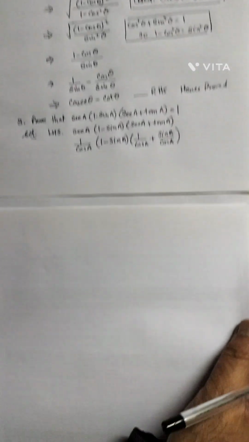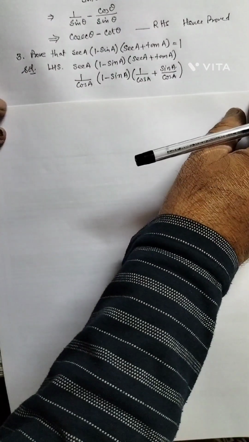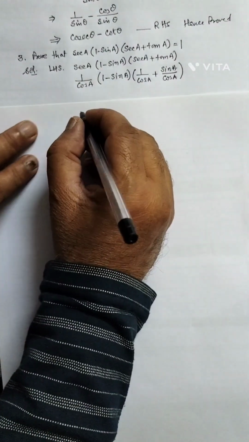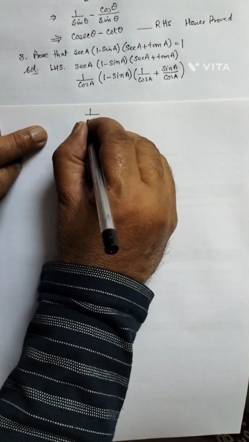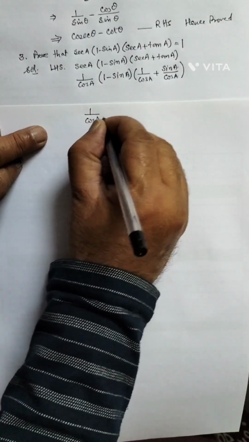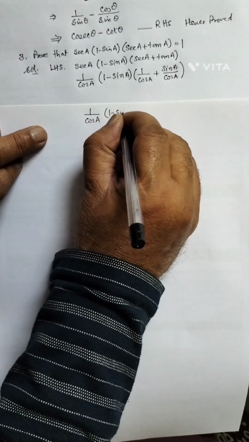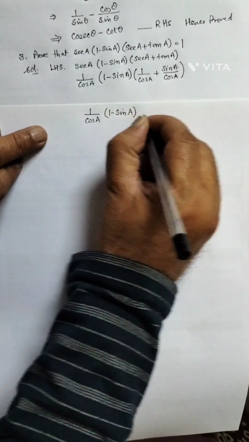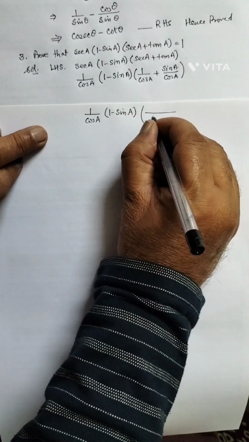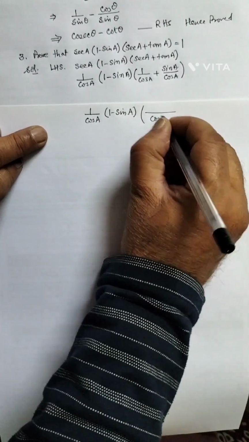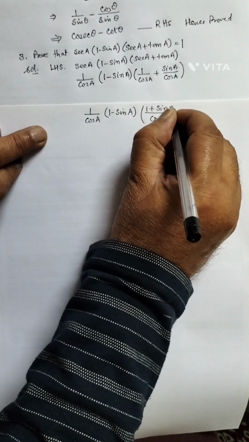In the next step, we can write it 1 on cos A bracket 1 minus sin A and bracket, in denominator it is cos A and in numerator 1 plus sin A.